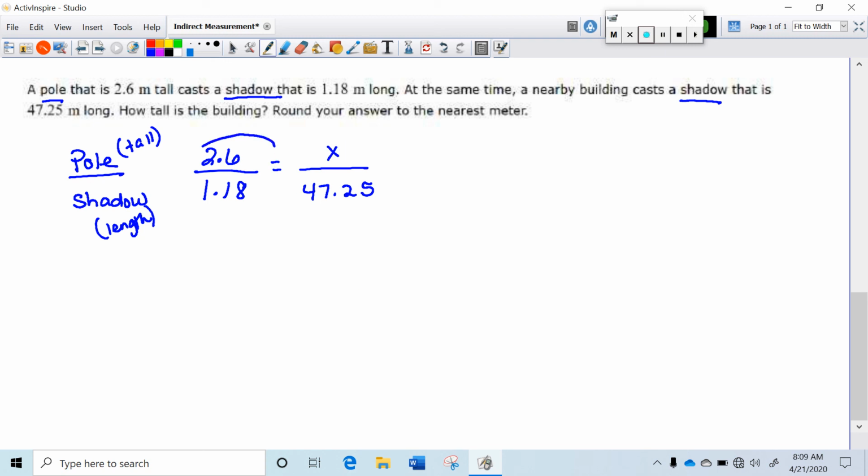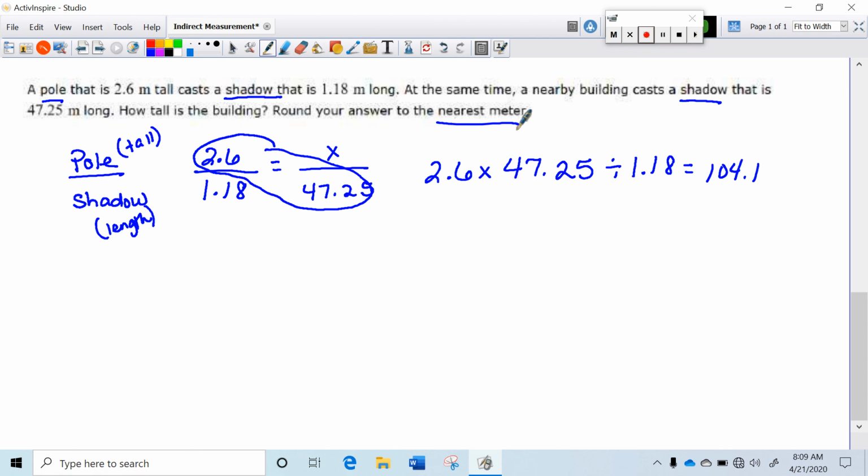So I'm going to do 2.6 times 47.25, and then divide by the number that's not circled, 1.18. And you get 104.1. But they say the nearest meter, so that rounds to 104 meters. Because 104.1 is closer to 104 than it is to 105.